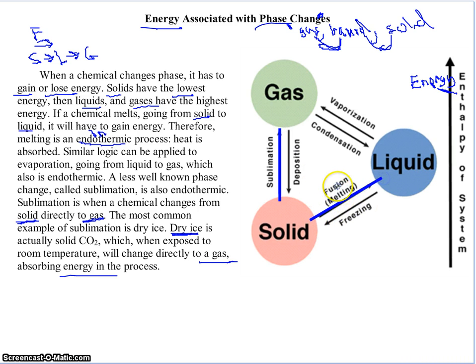Oh, so melting is also called fusion. Interesting. And then vaporization, which is boiling, right? Same thing. So those are all endothermic, and they're all going up. Notice that? Yeah, they are. They are all going up in energy.